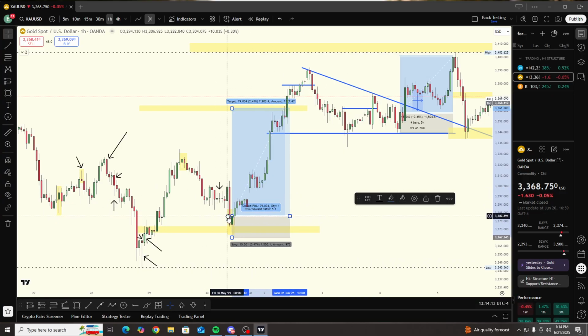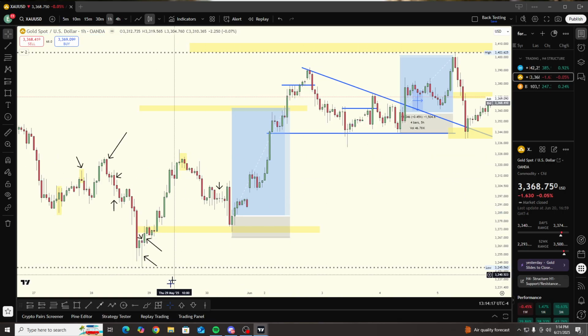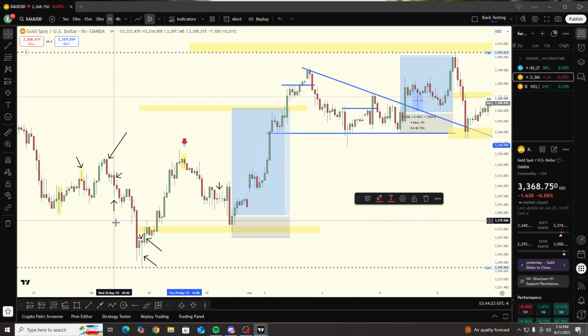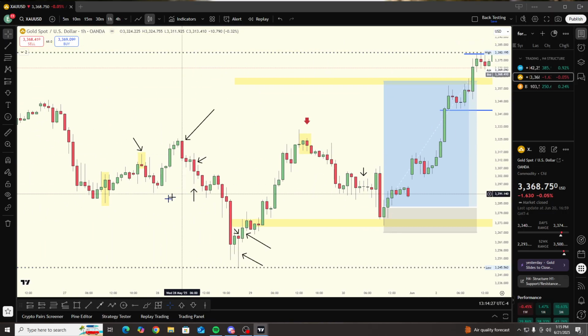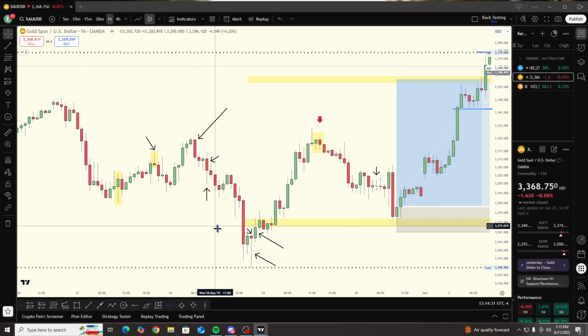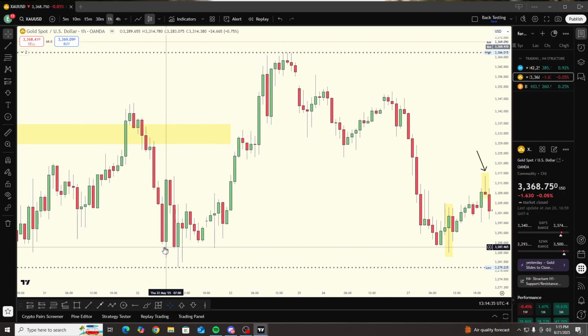Hold on, let me get a better one. It's right here. Put it a different color. Boom. That's resistance. And then we could use these two right here. Nah, it's too close.